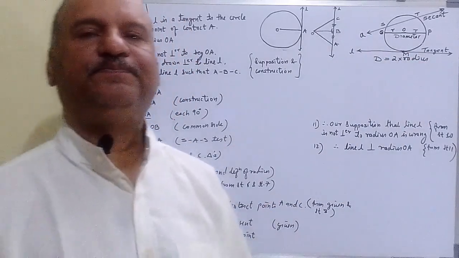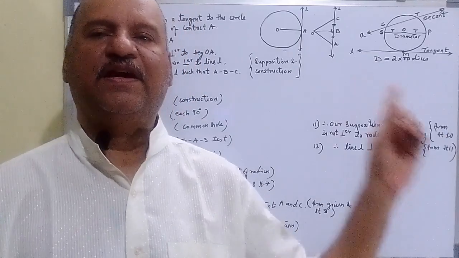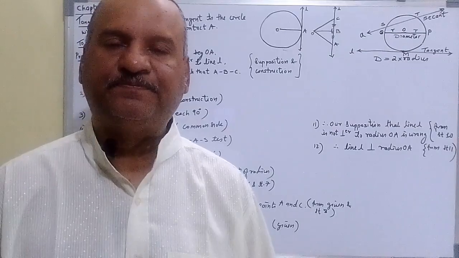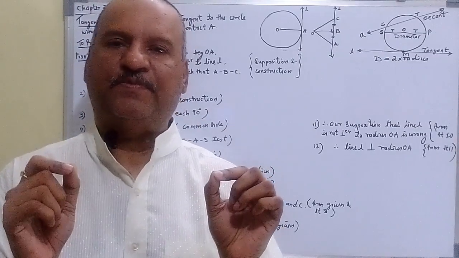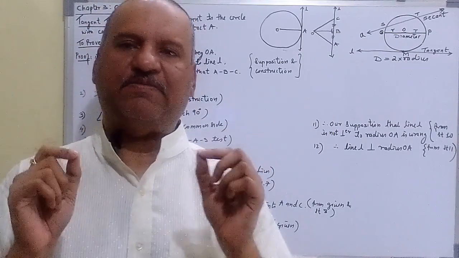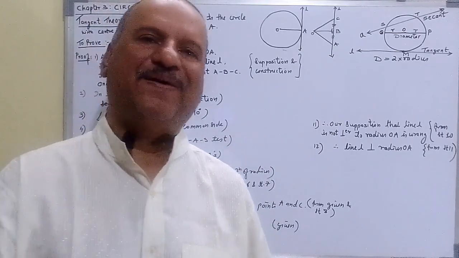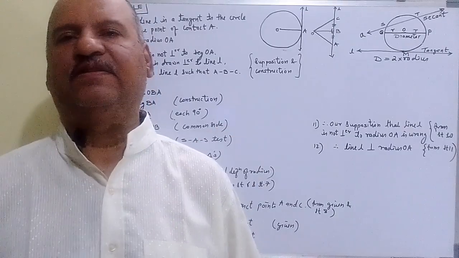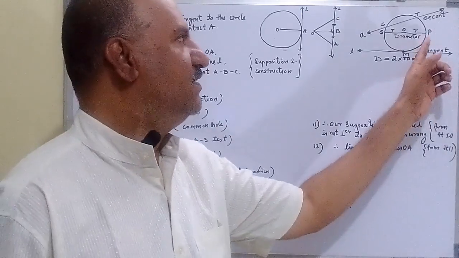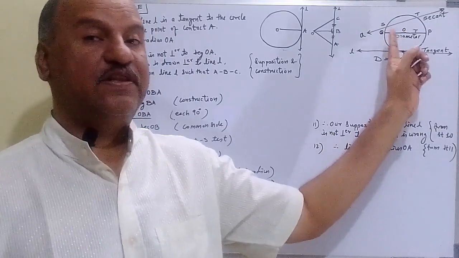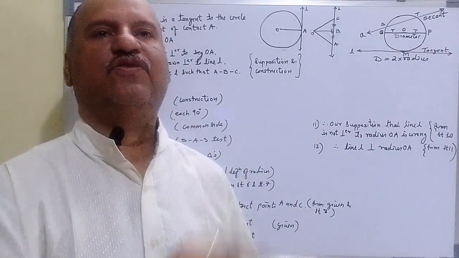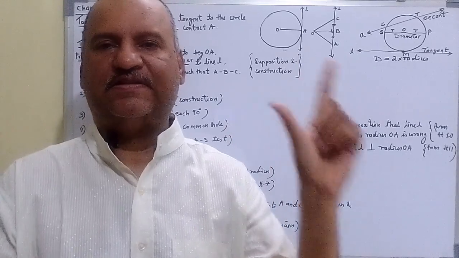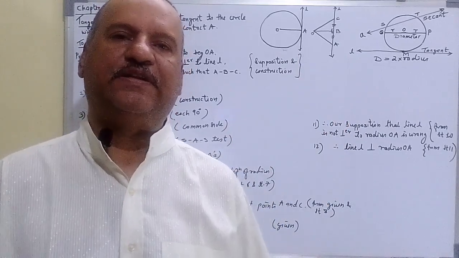What is PQ? PQ as written there is diameter. What is the definition of diameter? A segment which passes through center of a circle. Repeat. A segment which passes through center of circle, and whose end points lie on the circle is called diameter.